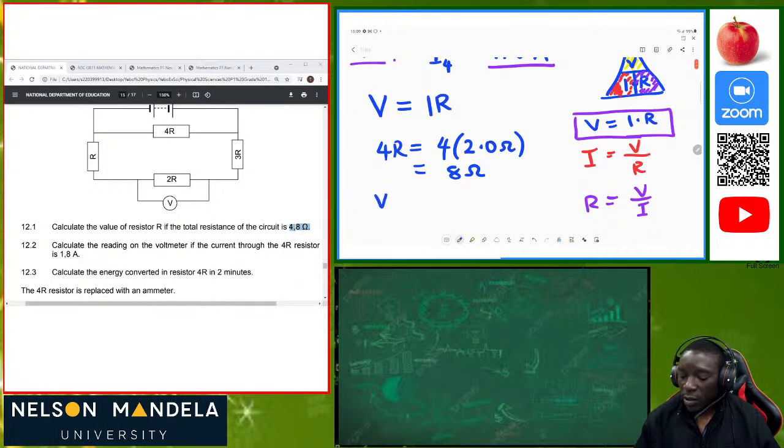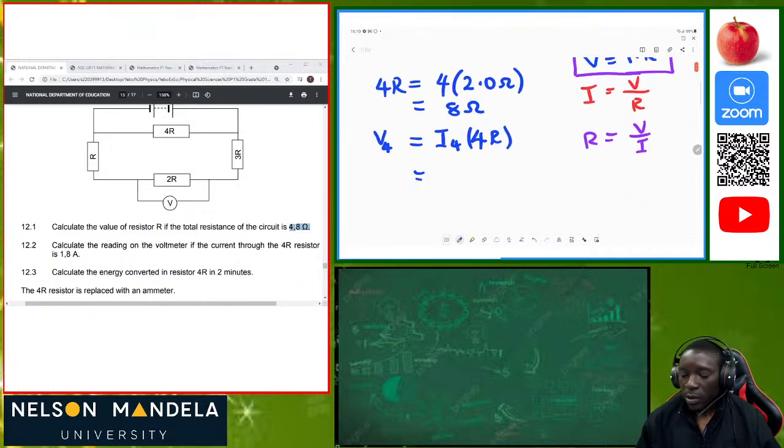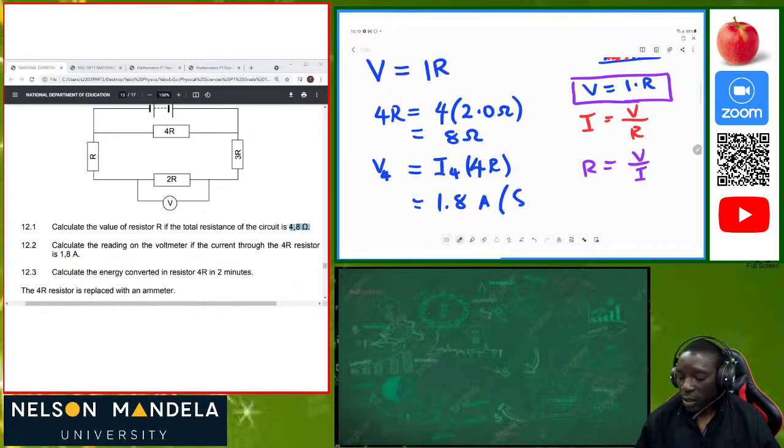So the voltage across this resistor, V4, the voltage across resistor number 4, is I4 times resistor number 4, or times 4R. Yeah, 4R would do because we're given that as 4R. Where I is 1.8 amps and 4R is 8 ohms.